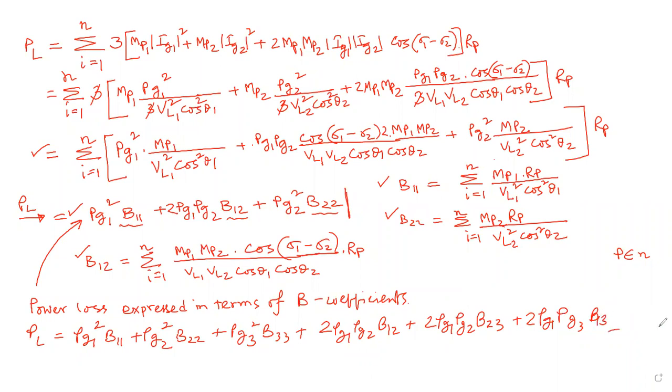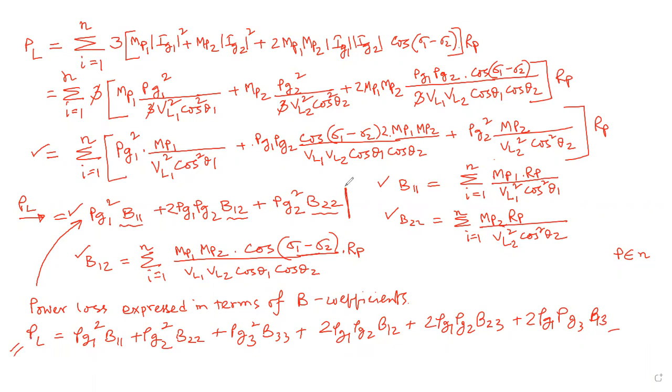So that would be for a 3 machine system, and in the same manner we can easily get the generalized form. For n number of machines, or ng number of generators, what would be the expression for the transmission power loss?